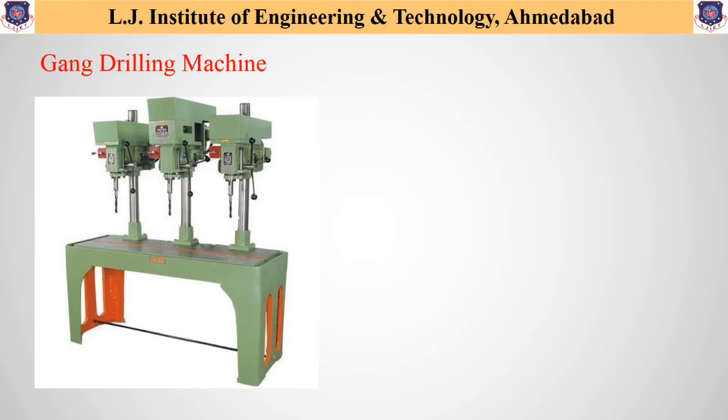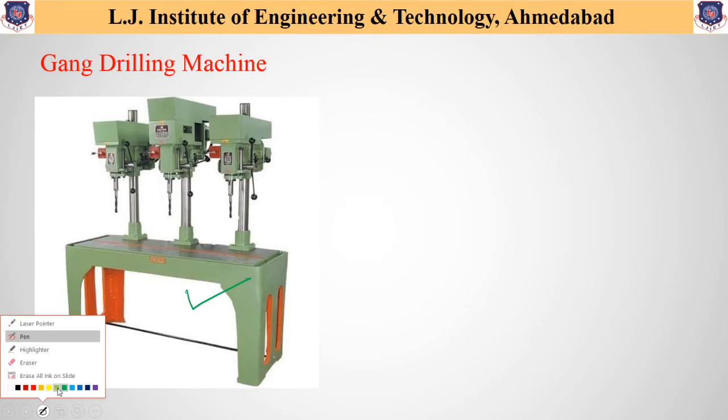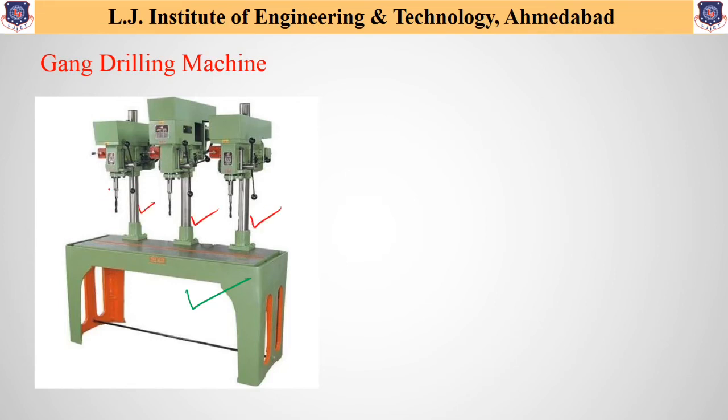From this figure we can see that on a single base there are different drills provided, and each of these drills has a vertical column, with different motors associated with each drilling machine.